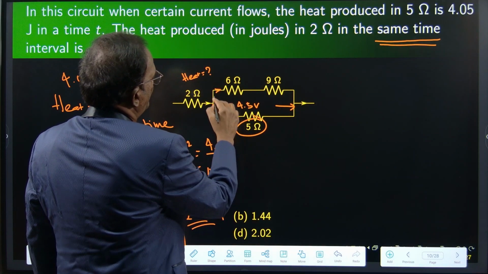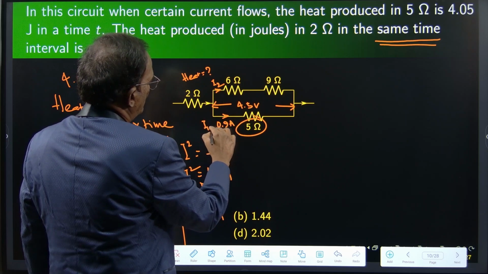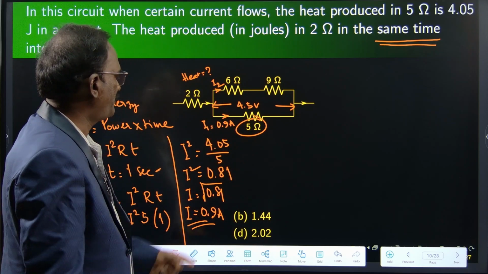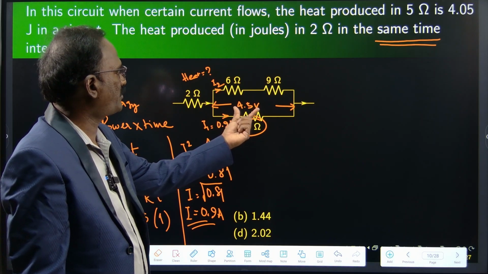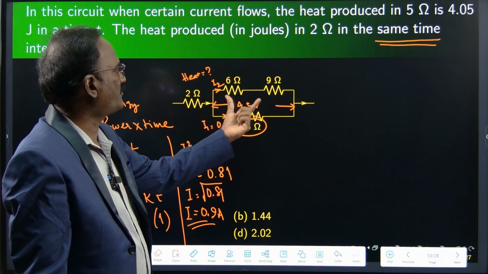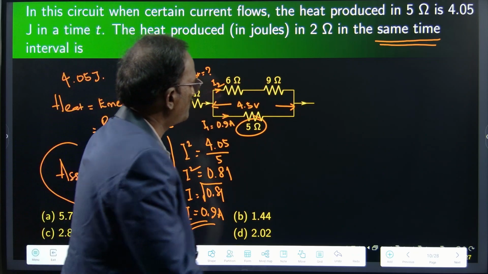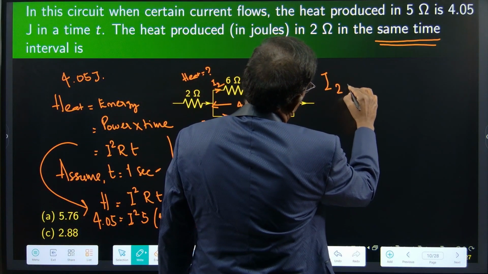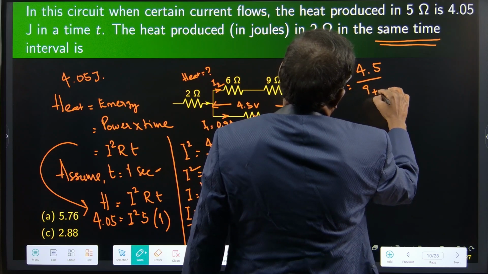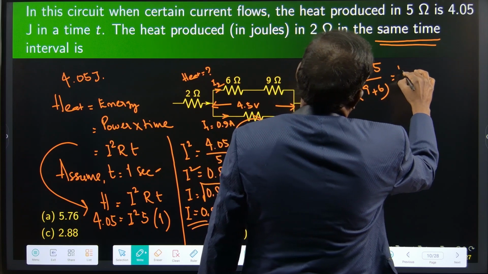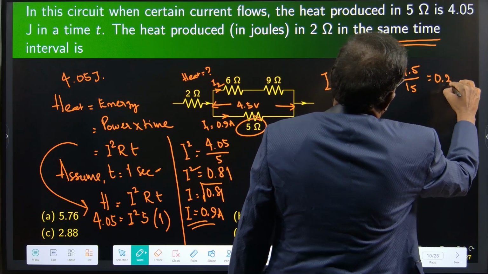Say this is I2, this is I1. I1 is 0.9 amperes. Then 4.5 divided by 9 plus 6, this is 15 ohms, will be the current I2. 4.5 divided by 15 is 0.3 amperes.